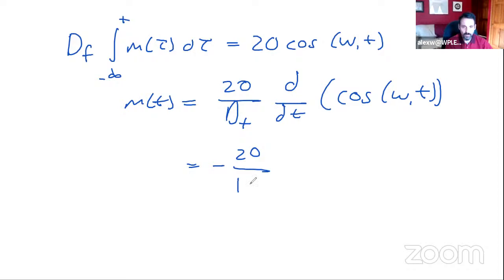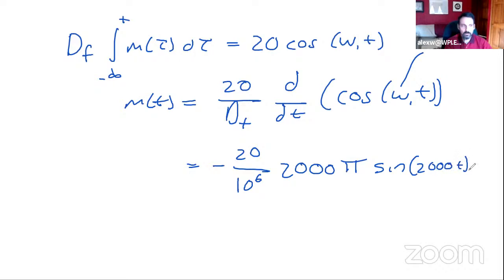We know that that's 1 times 10 to the 6, 2000 pi. Why? Because that is 1000 times 2 pi, because this was F1. Okay, cool beans. And then that would be sine 2000 t.